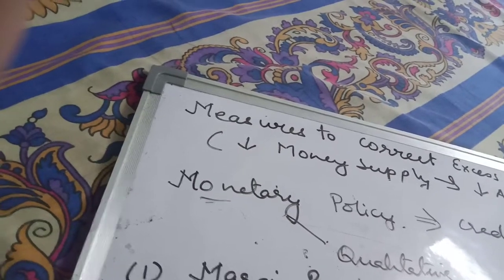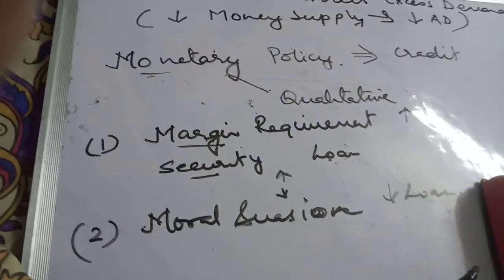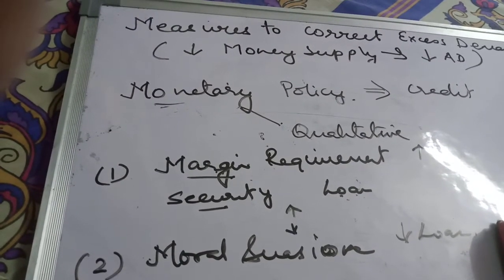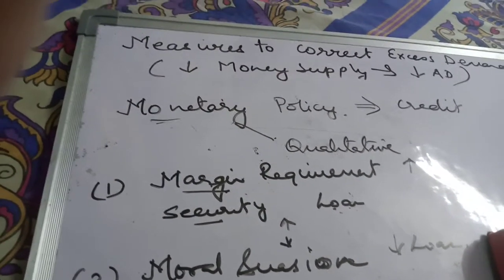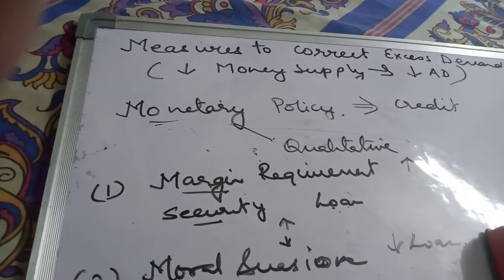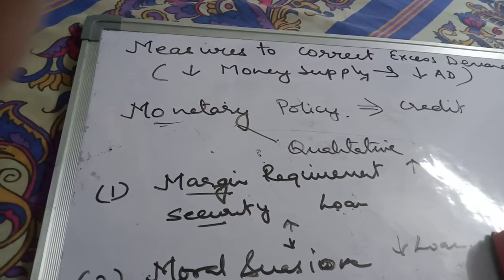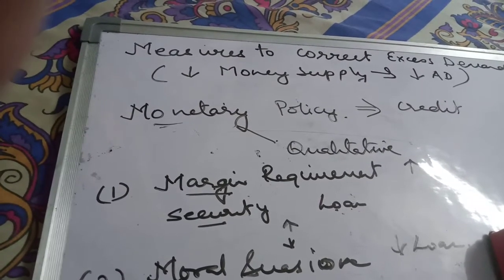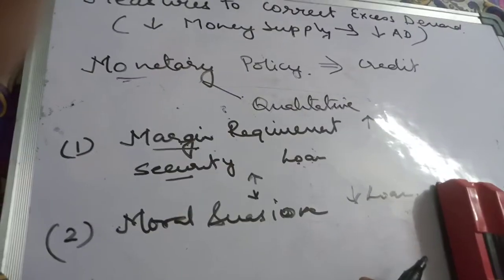That directive is basically moral suasion. So moral suasion means written or oral orders or directives by central bank to commercial banks to expand or contract credit. During inflation, central bank directs commercial banks to contract credit and hence effective demand falls.